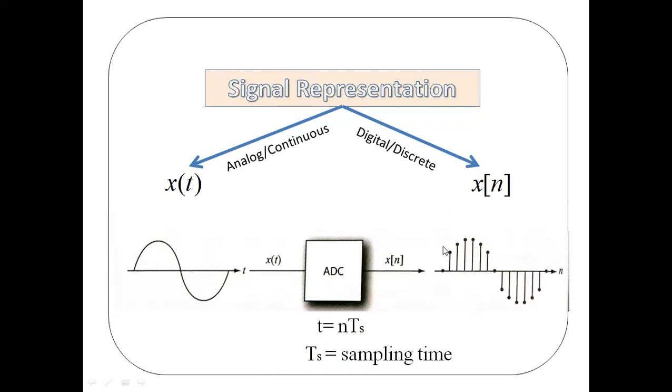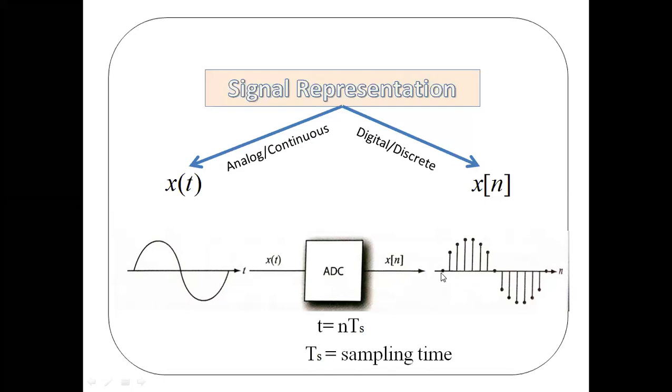So we have 14 samples there. If we compare the continuous time and the discrete time, basically T here is the time from this end to this end. So it is actually similar to the number of samples.